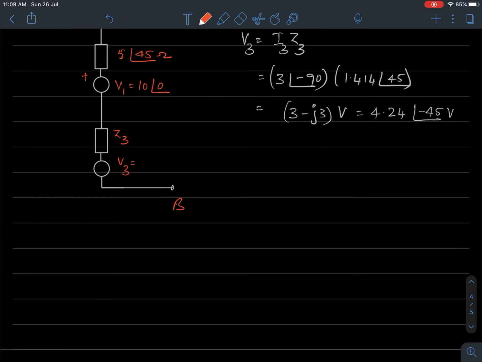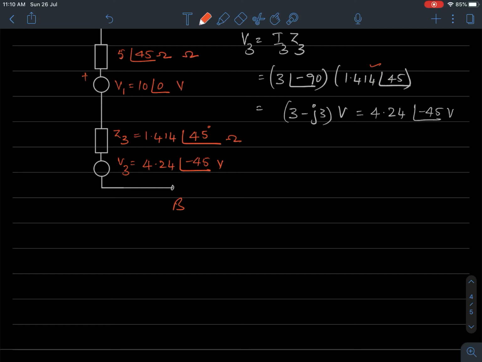So I'll put my value of V3 in the network. V3 is 4.24 at an angle minus 45. You have to be careful with the calculations. Z3 is the same impedance, 1.414 at an angle 45.